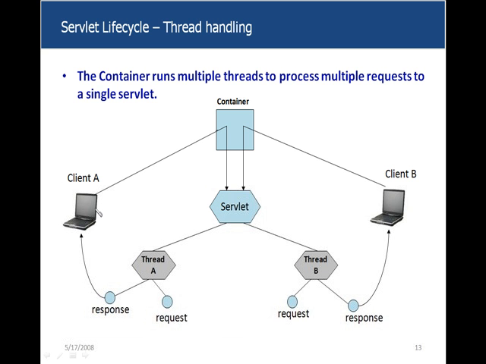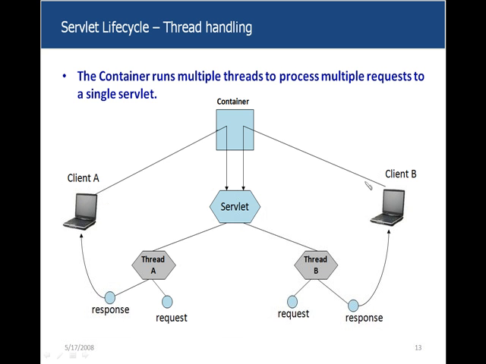So let's take the example where you log into yahoomail.com and you send in your username and password, and the Yahoo Mail servlet will actually give you back your inbox with all your messages, right? So let's say client A logs on to Yahoo Mail and sends in the username as ABC. So what the container does, the container spawns a thread A for this client A and passes in the request as ABC to this thread A, right?